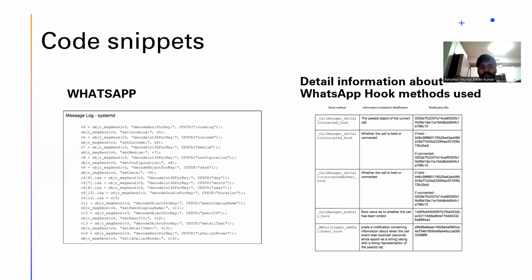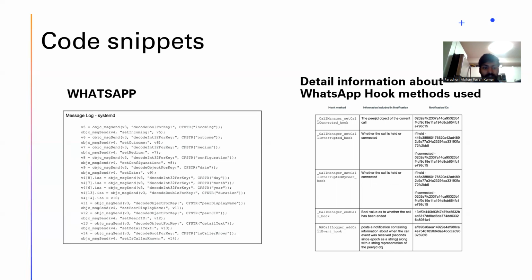And the code snippets of WhatsApp. Here in WhatsApp, we can see the message log, system D. WhatsApp is an encrypted application, but this Pegasus virus is very notorious in that it decodes the messages. On the left-hand side, on the first line, we can see CFSTR incoming.